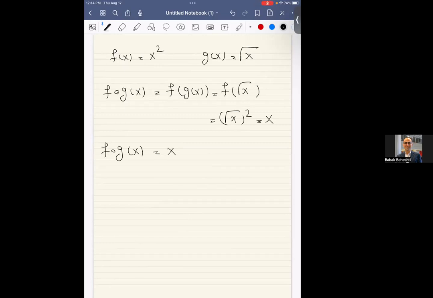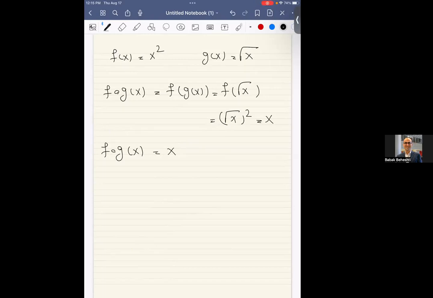But the only thing you have to be careful about is the domain of FOG. The domain of FOG is all positive numbers here, because you have G first. You let G act first, and x cannot be negative in the square root.